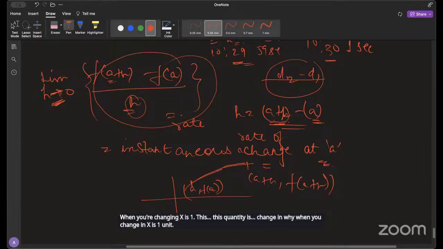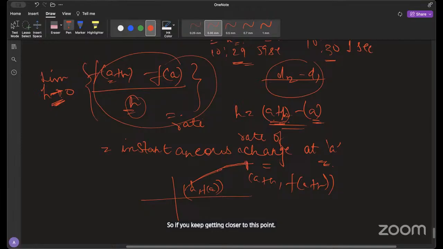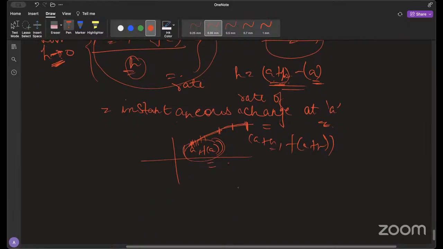So if you keep getting closer to this point, let's just say you're here, and then next time you take h to be smaller, so you get closer to this point, and then closer again. Each time you keep getting closer, and you get the instantaneous rate of change here at a, at this point. Is that okay? Yes.